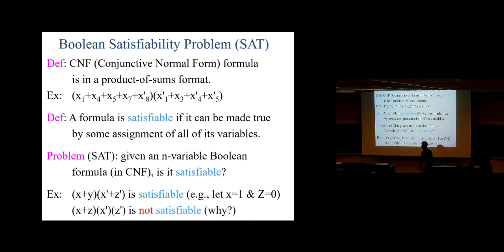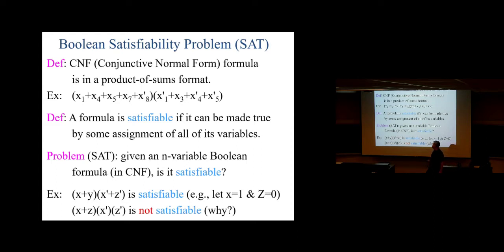But this formula is not satisfiable. Prove to me that this formula is not satisfiable. Let me ask you this: how would you brute force prove that it's not satisfiable if you didn't care about the size of the proof or how long it takes to prove? The answer is very simple. Try all possibilities.